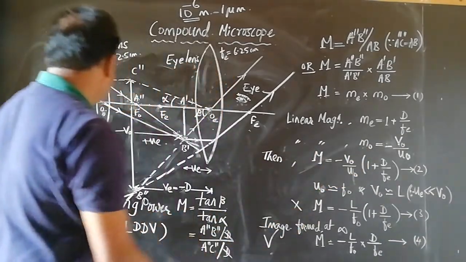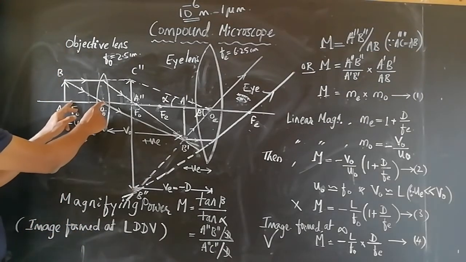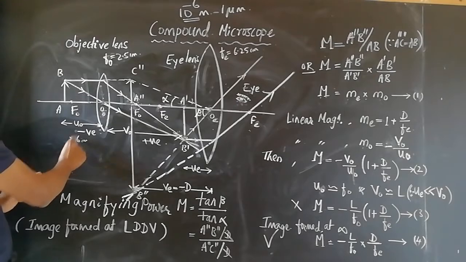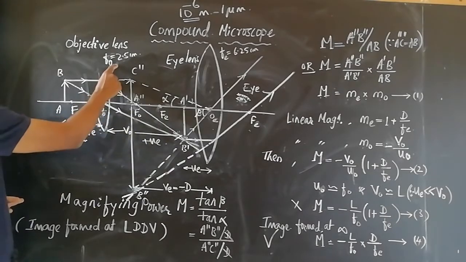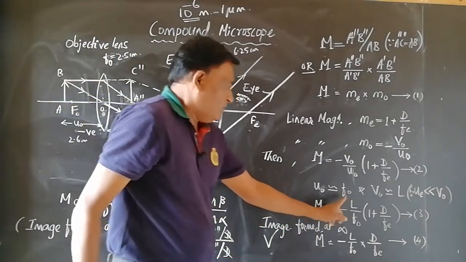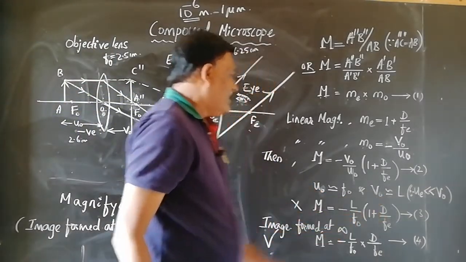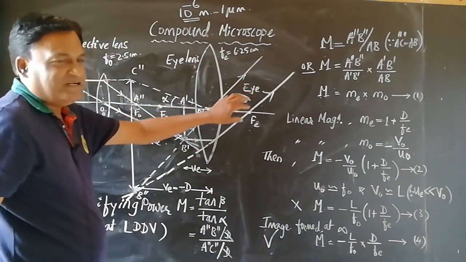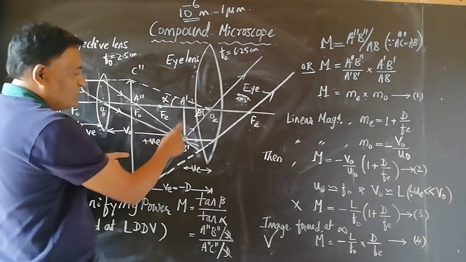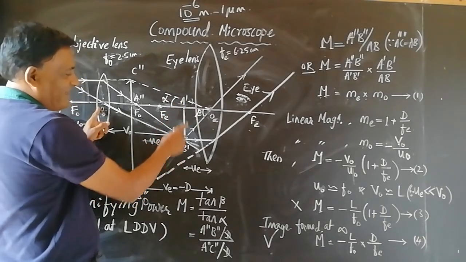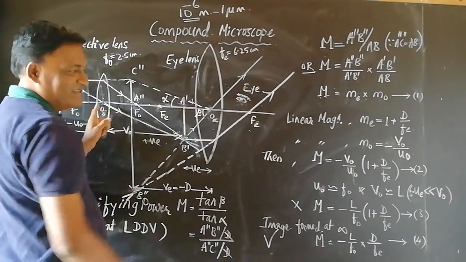Here, as I said, object distance is nearly equal to the focal length. Object distance is 2.6, your focal length is 2.5. So object distance is nearly equal to the focal length of the objective, and the observer or experimenter adjusts the rack and pinion arrangement such that the image produced by the objective, A dash B dash, is formed very close to the eye lens.